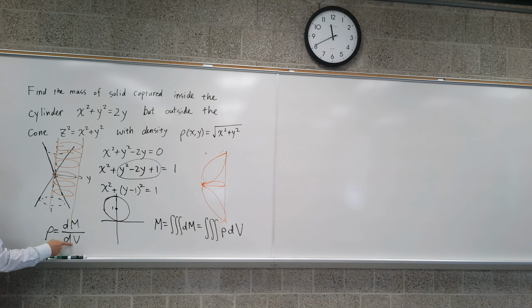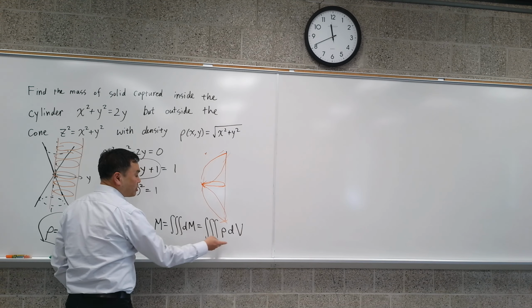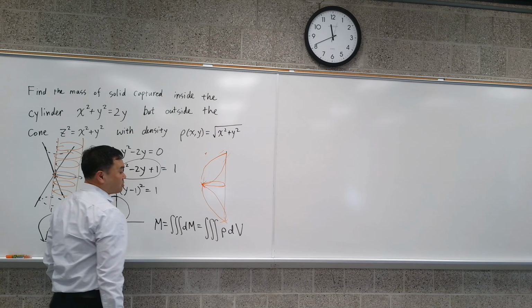That's the definition of density, right? So just solving this for dm, it gives you that dm is rho dV. Okay? And that means we just have to do a three-dimensional, a triple integral with this going in, replacing the rho.